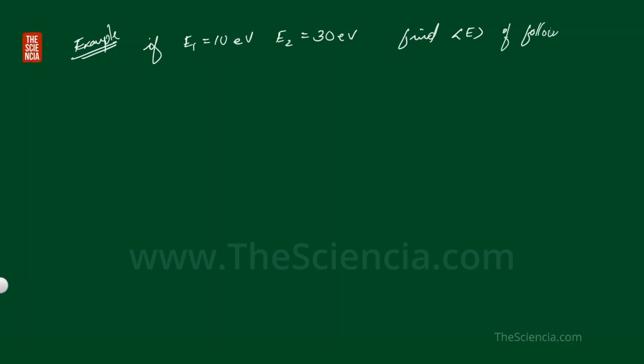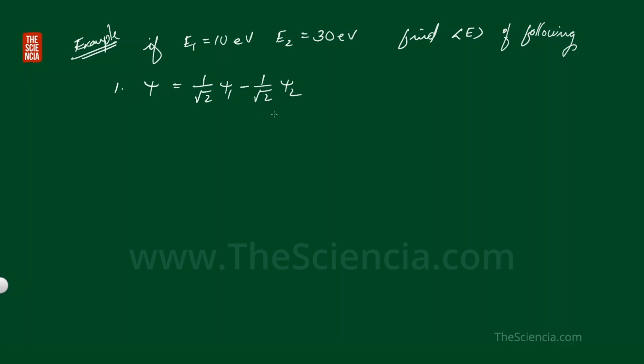Another example. If E1 is equal to 10 eV and E2 is equal to 30 eV, then find the average energy of the following. So the first one is psi is equal to 1 by root 2 psi 1 minus 1 by root 2 psi 2.